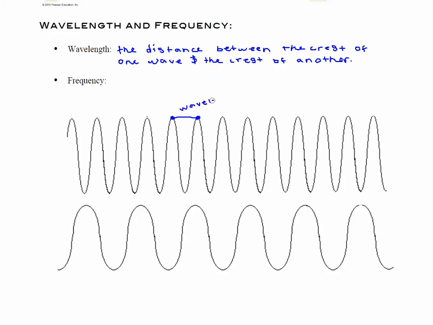If you notice, this distance is the same if I find the distance between two crests, or if I find the distance between two troughs. The troughs are the lowest part of the wave. Okay, so those two distances are the same. And so what I'm going to do is add to this definition, and I'm going to say or trough. And here I'm going to say or trough as well.